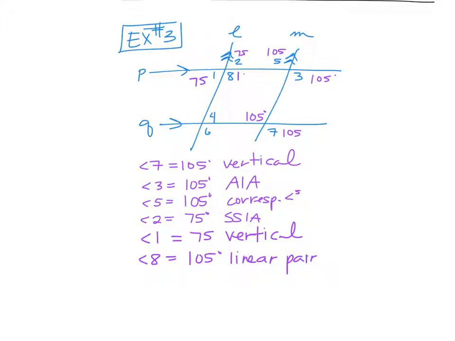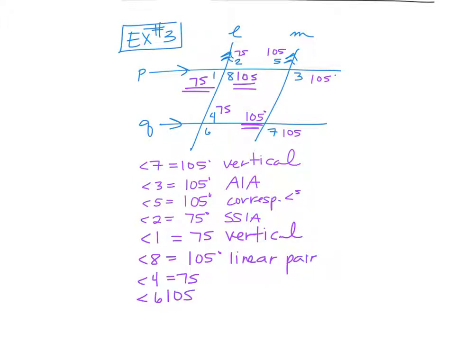Okay, so that's 105. So what's 4? 4 is 75, and you can say same side interior or alternate interior. So you have 3 options for angle 4, right? Your reasoning behind it. And then what's angle 6? 6 would be 105.